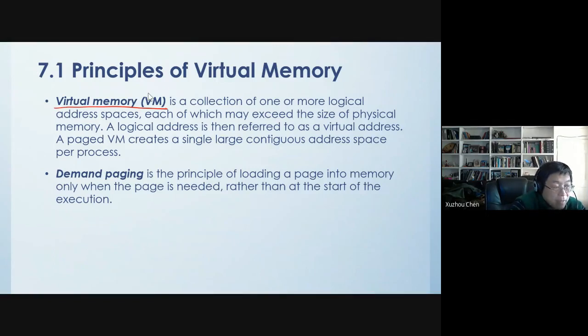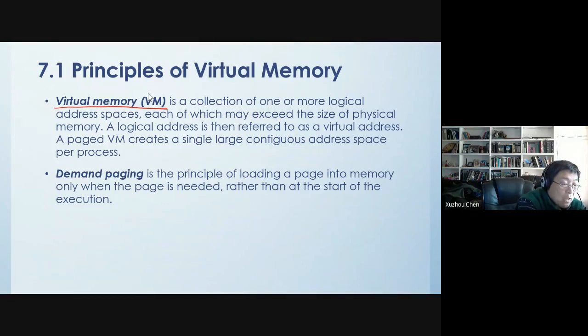So I can reserve a memory space called virtual memory. It could be much, much bigger than the physical memory. For example, my physical memory is 4 GB, and I can say, okay, I will create a virtual memory which is 8 GB or 16 GB, which is double or 4 times the size of the physical memory. So I can reserve that much space.